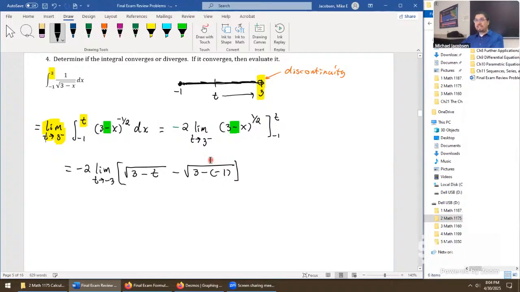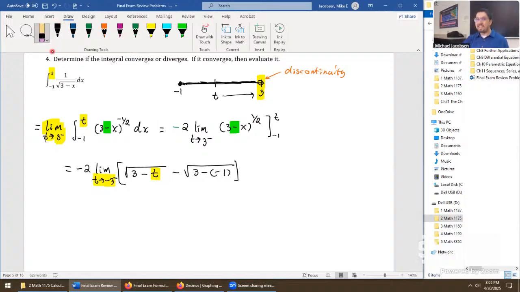And that just helps our brains see what's going to result, if it's going to converge or diverge. But more importantly, it's all about making sure we get that limit just right. T is going to head towards 3, and I forgot, from the left specifically, so we don't have negatives inside the root.